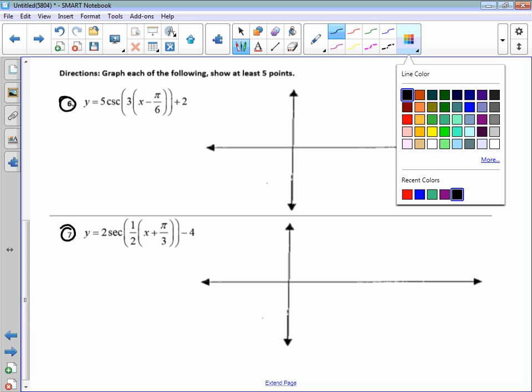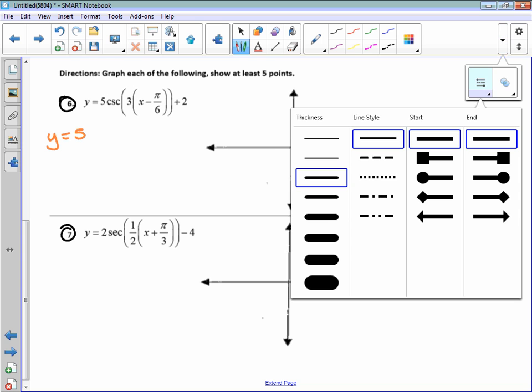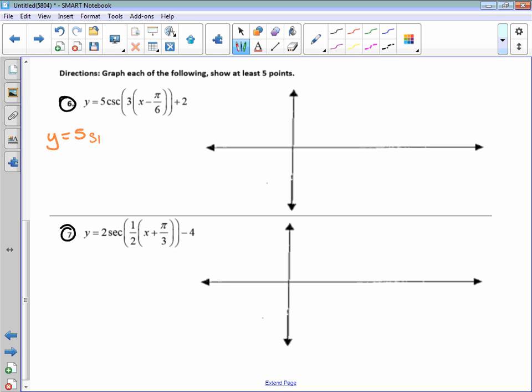But again, think about, for the first one, 5 sine of all of that, okay? The second one.